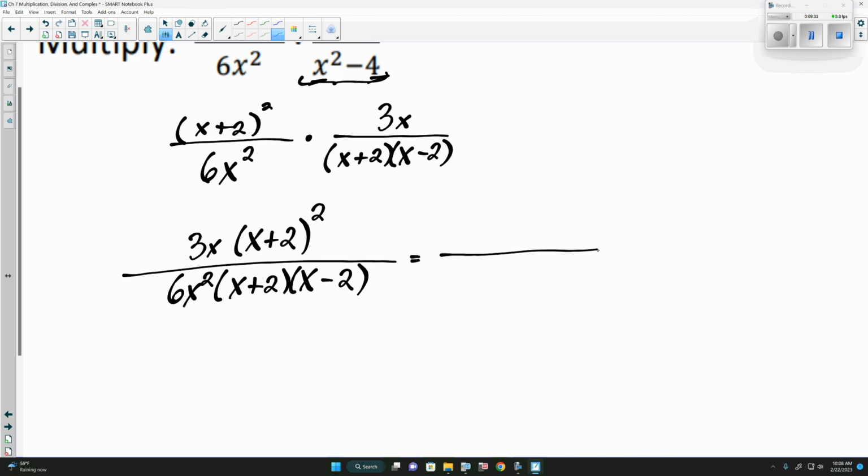Now we will need to do some simplifying here. The first thing we can possibly simplify is the 3x over 6x squared. Well, what is 3 over 6 reduced to? Almost. 3 is in common in both. 1/2. So we can say 1 over 2. We don't necessarily need to write the 1 in. We can.